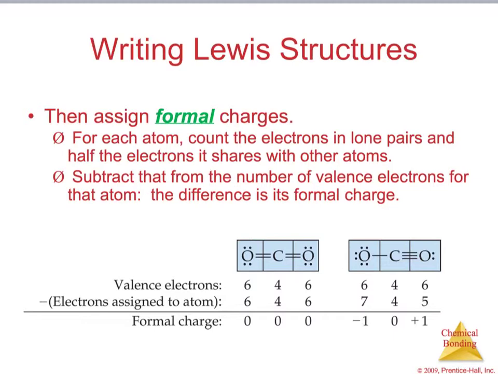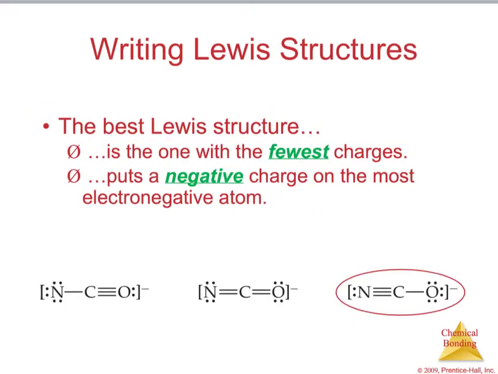So now we have to decide which one is the correct structure. In order to tell, we're going to take the one with the fewest charges, or the one that puts a negative charge on the most electronegative atom. So based on these two rules and thinking back to the previous example, we're going to take the first setup that looked like this, because this did not have any charges, so I had the fewest amount of charges.